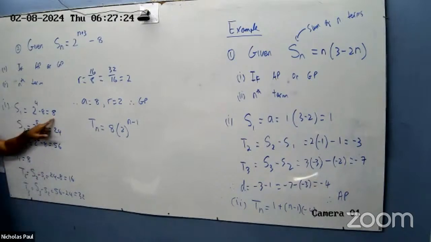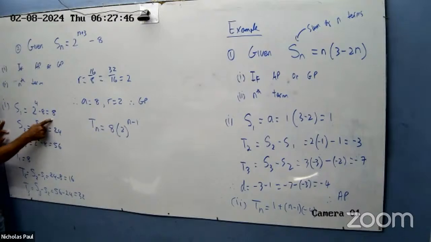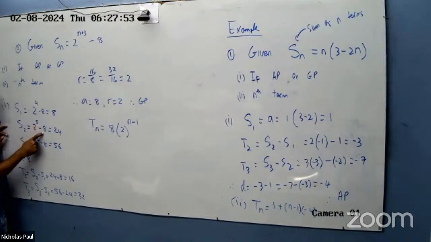2 to the 5 is 32, 32 minus 8 is 24, and then 24 minus 8 is 16.